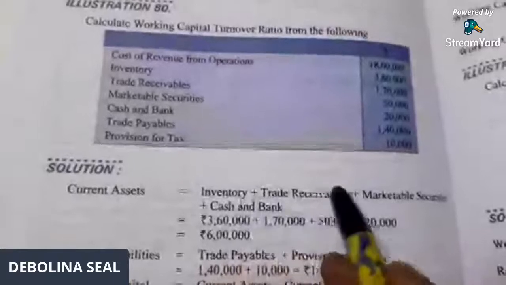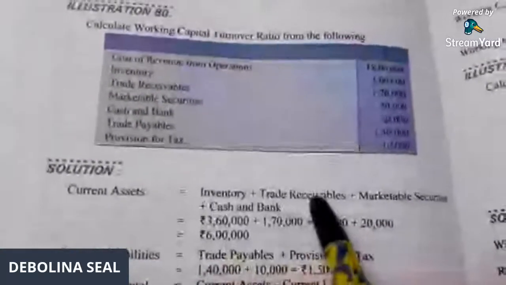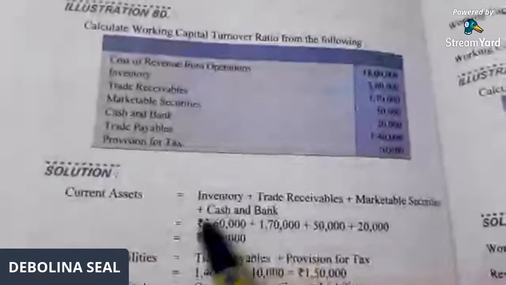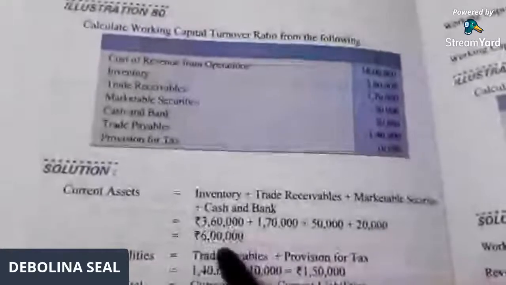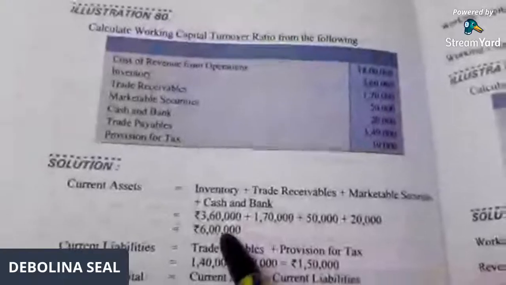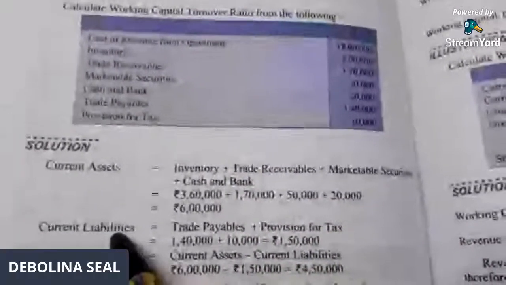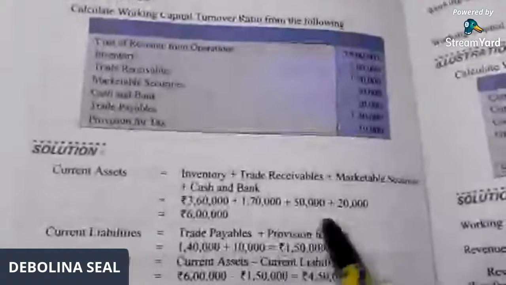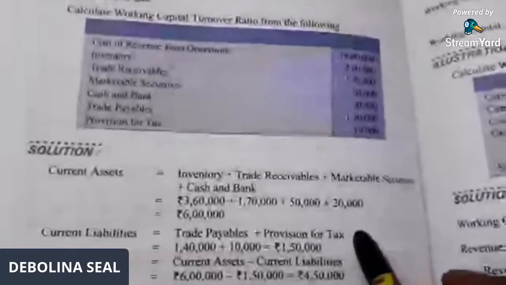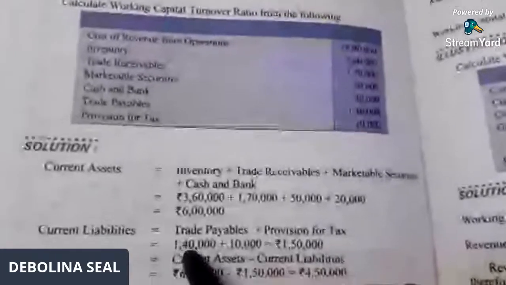From there only you come to know that inventory, trade receivables, marketable securities, and cash at bank, these 4 items if you add here, you will get 6 lakhs. This is current assets. And under current liabilities, what is coming? Trade payables and provision for tax. This is all from current ratio, you will come to know.